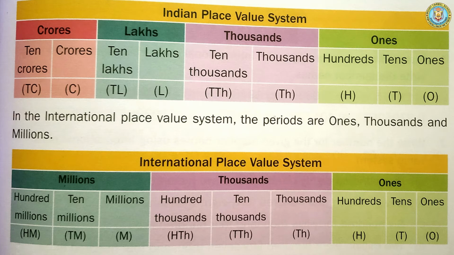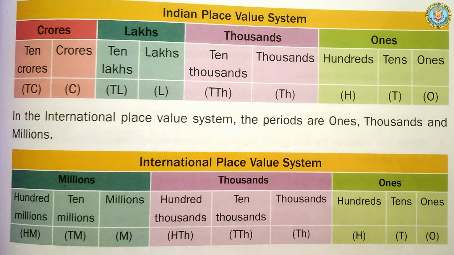Now observe neatly, the ones places are ones, tens, 100. For the international place value system, that is same. Then if we come to the thousands place, how does the international place value system change? See here, 3 columns are there for international, and for Indian only 2 columns are there.